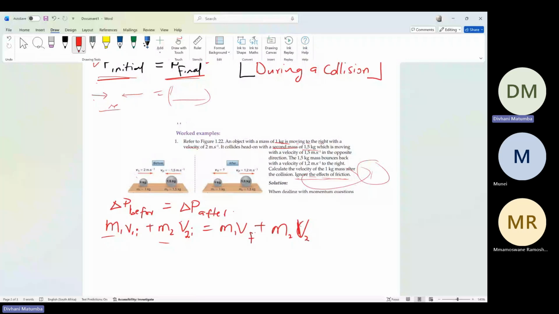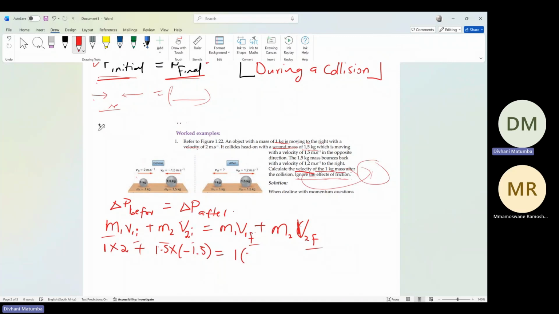So the mass of object 1 is 1, times its velocity of 2, plus mass 2, 1.5, times its initial velocity, which was negative 1.5, equals the same mass but with a changed velocity. They have asked us for the velocity of the 1 kg mass after collision.